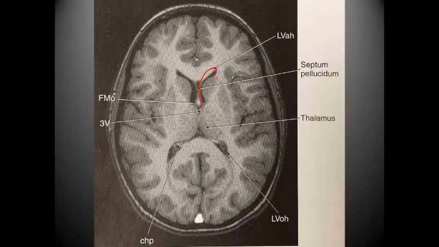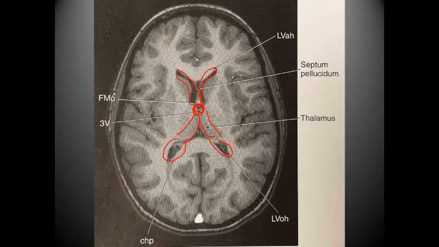So here is the lateral ventricle. So we're seeing the anterior horn of the lateral ventricle and the occipital horn of the lateral ventricle. We're seeing the thalamus making up this region here.